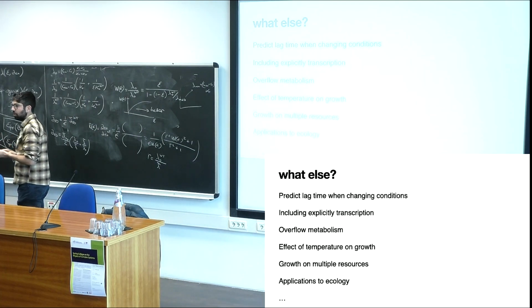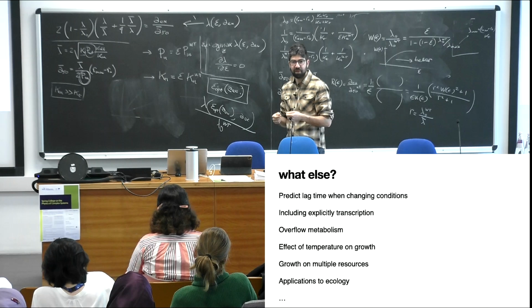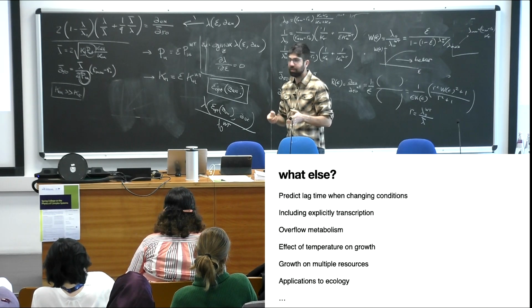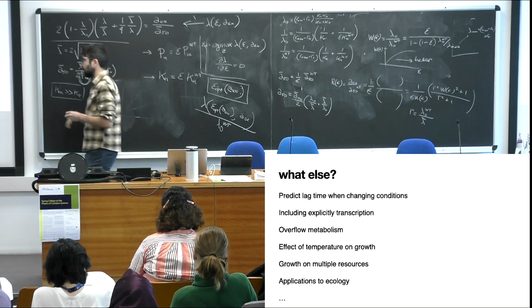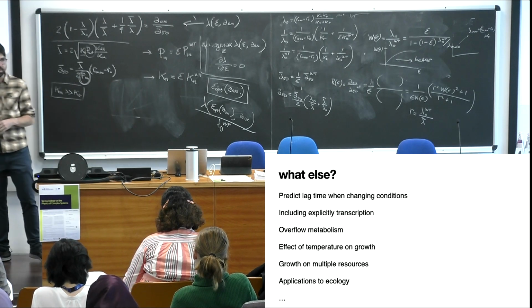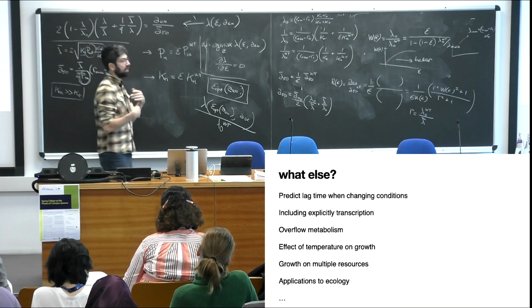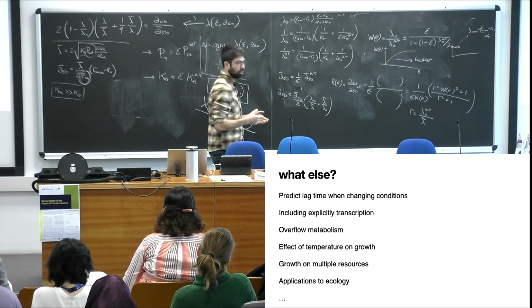How fast does it grow on both, given that I know how fast it grows on one? It's not the sum, it's not the average. It's something more complicated that you can predict with these kinds of frameworks. You can also use these, and this is something very interesting nowadays, for applications to ecology.